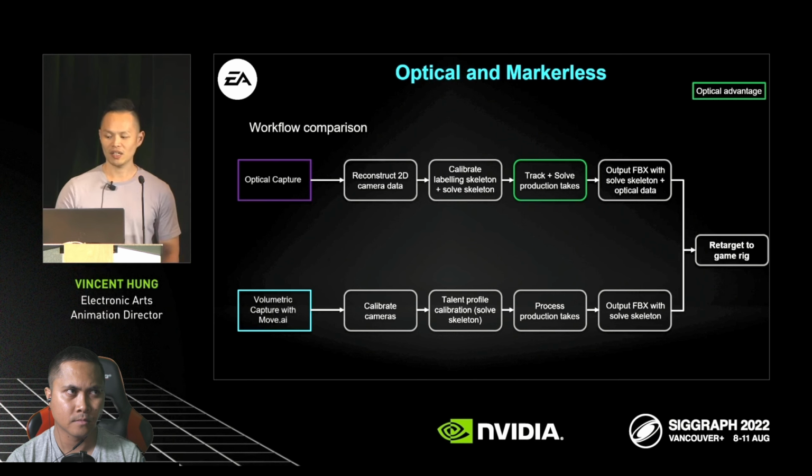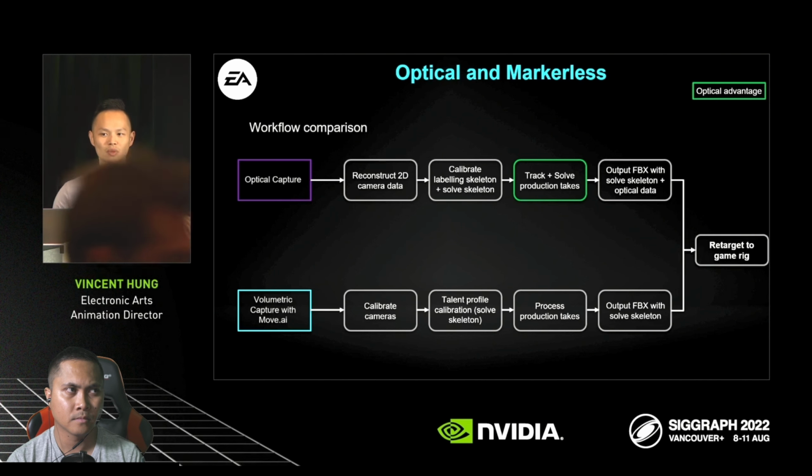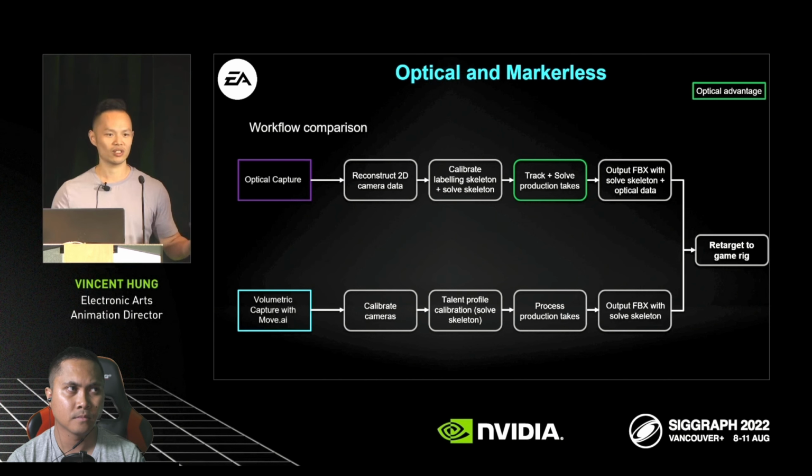Now, this is the really big advantage for optical, because for the tracking and solving of production takes, yes, it's also automated. It's actually very powerful in the automation. But at any time, our users can go in and do further cleaning up and further making sure that the data is very good. So even if the shot is very highly inclusive, if there are multiple talents, whether they're hugging each other or celebrating, we can go back and make sure the data is good.